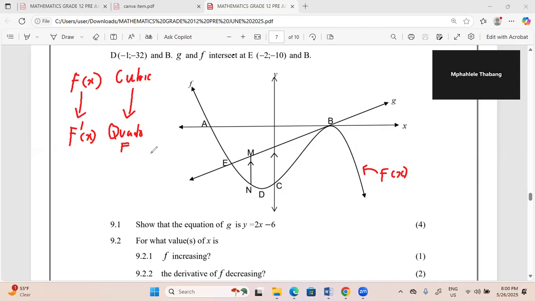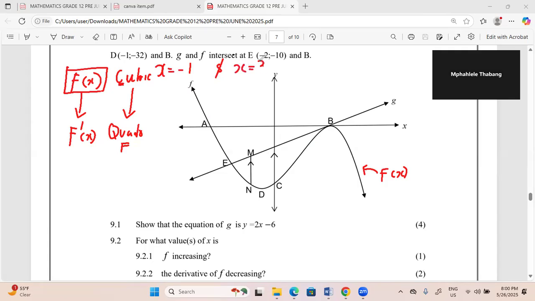And the quadratic function has what we call the x-intercepts. So what you need to know is that the turning point of a cubic function will be the intercept of its derivative.